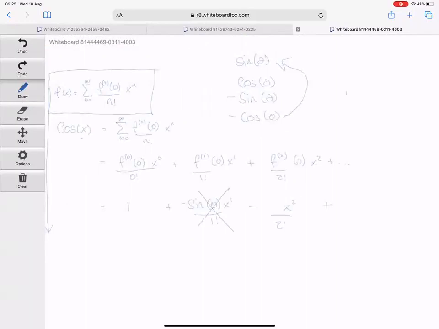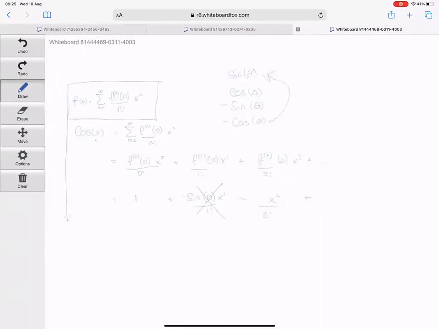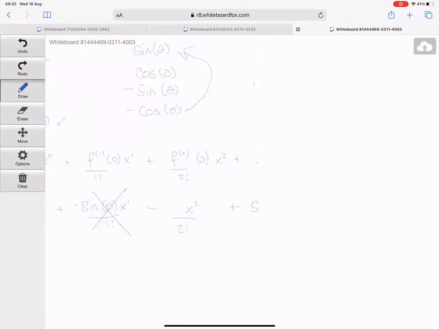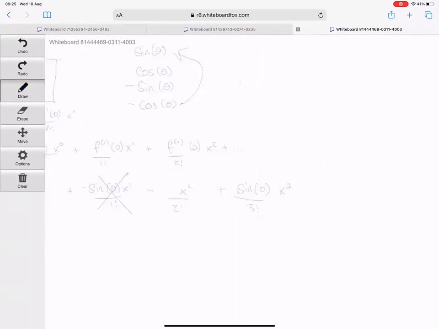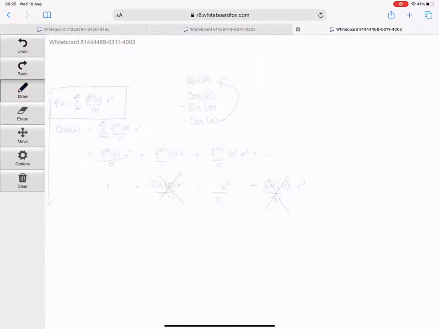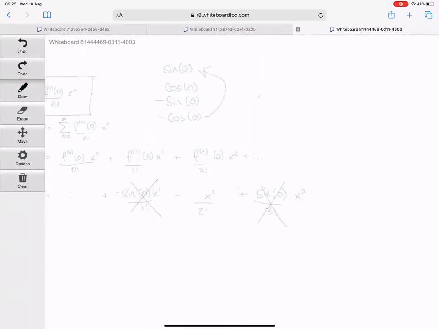So we'll start with cosine, differentiate to minus sine, differentiate to minus cosine, differentiate to sine. But sine of 0 is 0. So this will be sine of 0 over 3 factorial x cubed, but that will be 0. And every term that contains a sine will be 0.